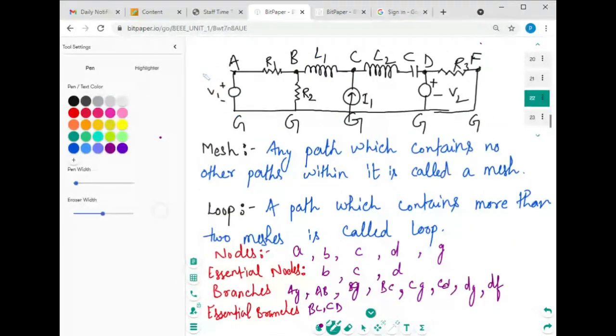Then we saw the circuit in which we find out how many nodes there are, like A, B, C, D, G. These are the nodes. Then the essential nodes are B, C, D. Then we saw branches: AB, AG, BG, BC, CG, CD.